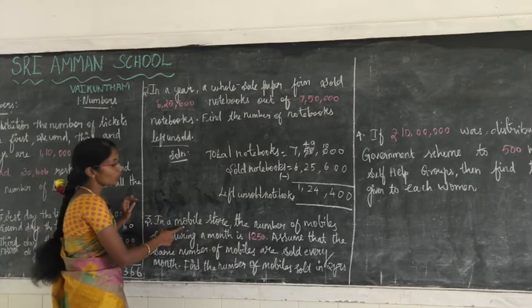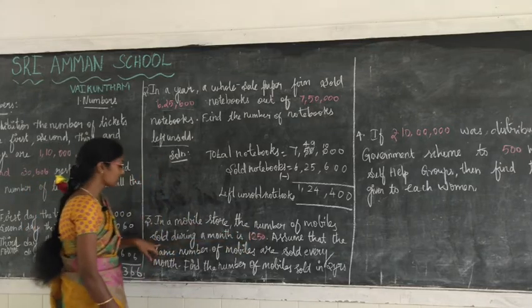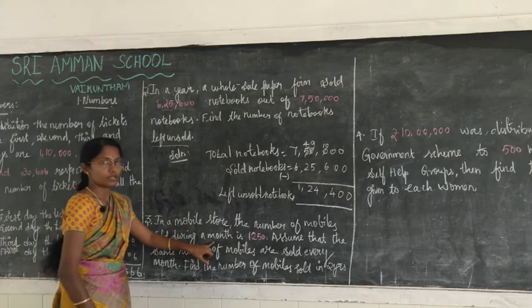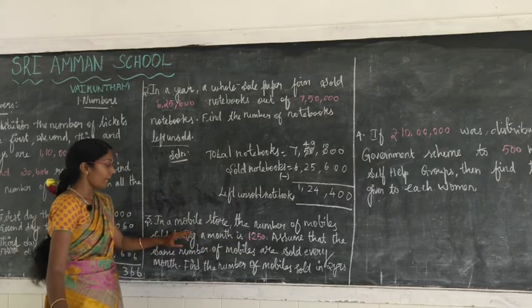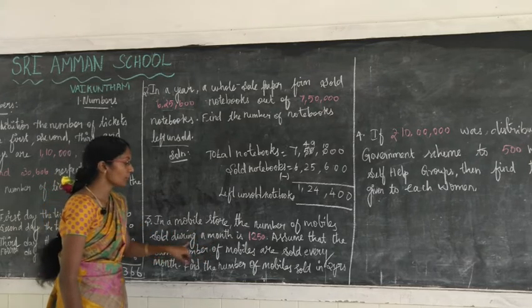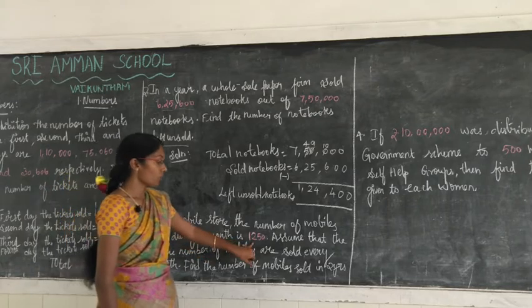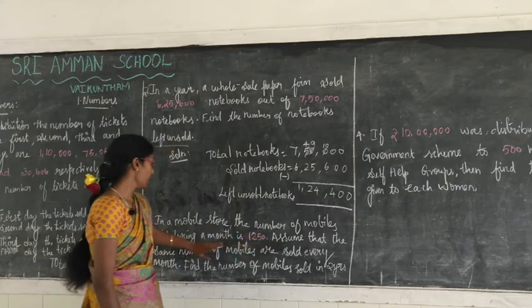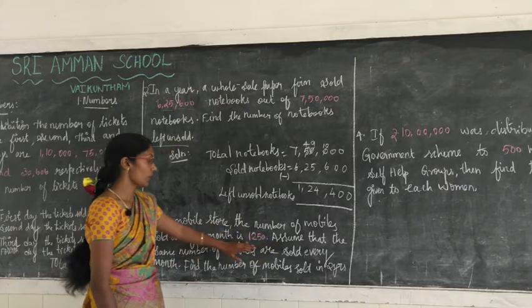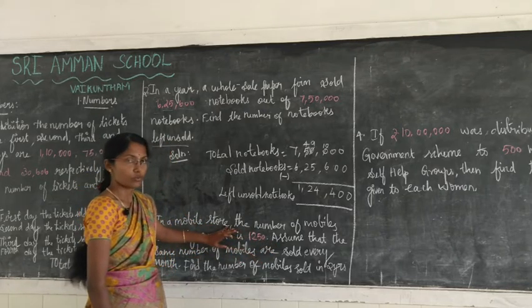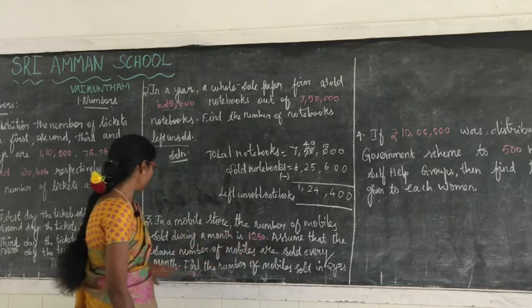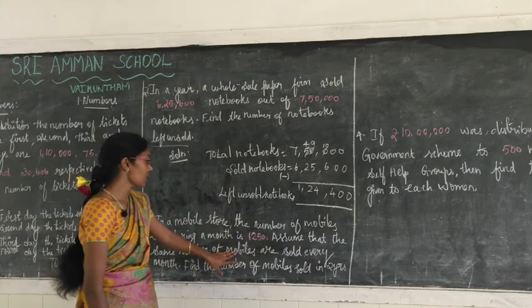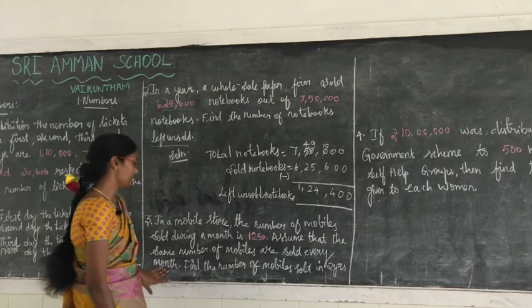In a mobile store, the number of mobiles sold during a month is 1,250. How many mobiles did they sell? 1,250 mobiles. Assume that the same number of mobiles are sold every month.